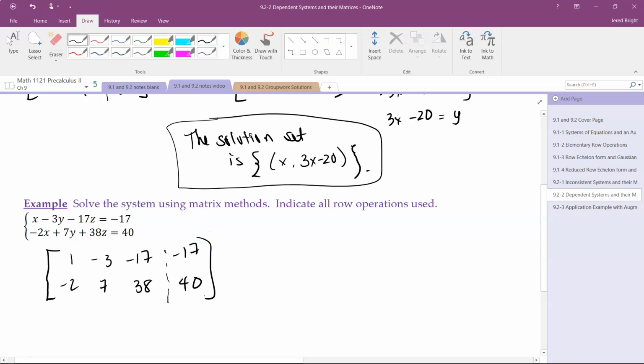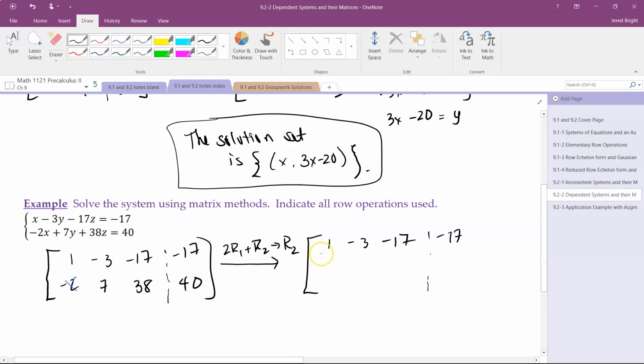Alright, so continuing by Gaussian elimination, I want to get this 2 gone, so that's in row echelon. To do that, I'm going to do 2 row 1 plus row 2, and put that into row 2.